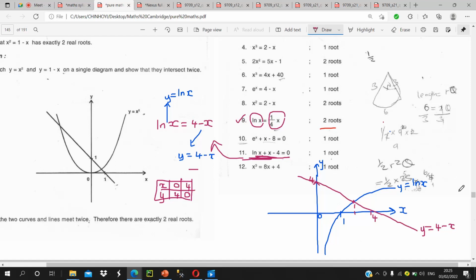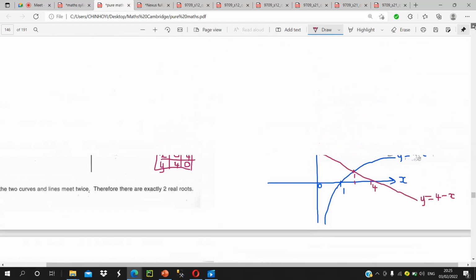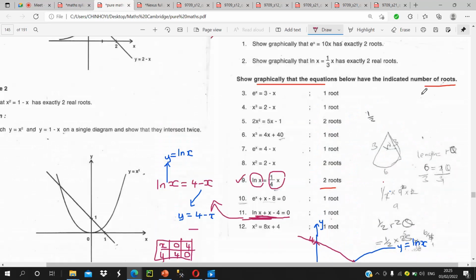Maybe can you copy down these numbers? As part of your homework, can you do these numbers? Maybe if you can take number 4, number 6, number 10, and also number 8, these 4 questions.